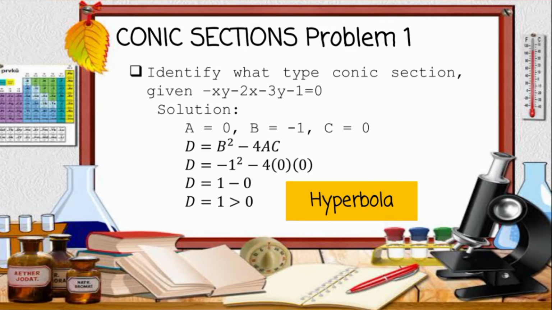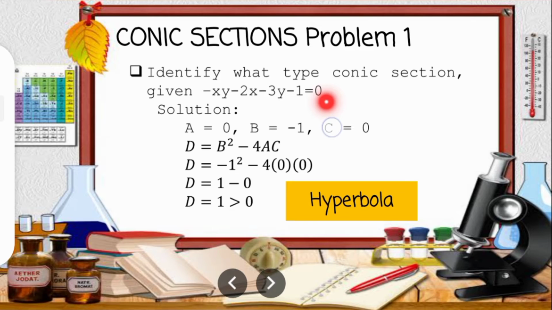So, we have problem number 1. Identify what type of conic section is given by negative xy minus 2x minus 3y minus 1 is equal to 0. First, we need to find our A, B, and C. In our given, the value of A, which is the coefficient of x squared, is 0, because in the given we don't have x squared.